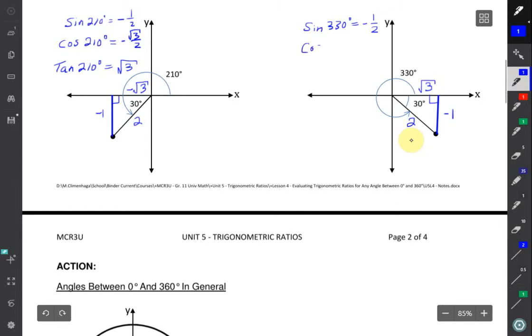The cos of 330 degrees is equal to the adjacent, which is root 3, over the hypotenuse, root 3 over 2.